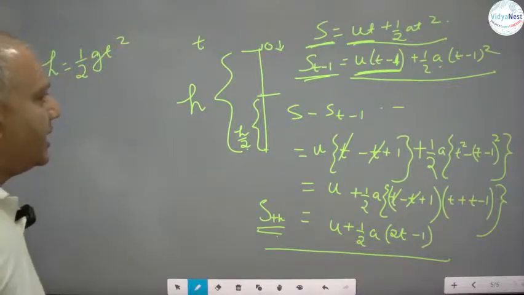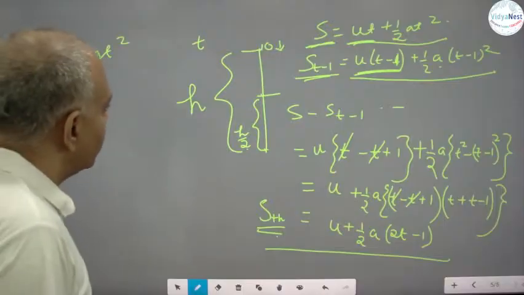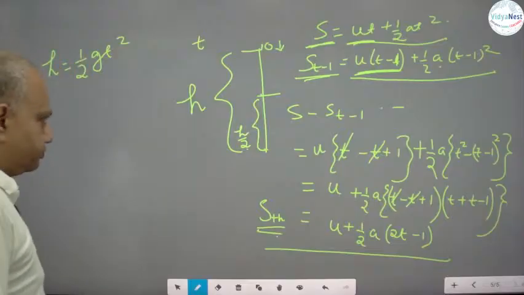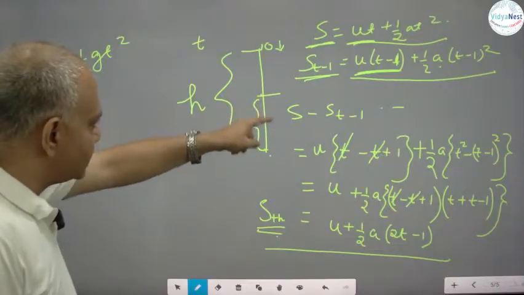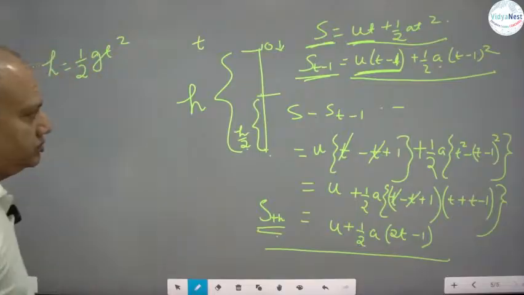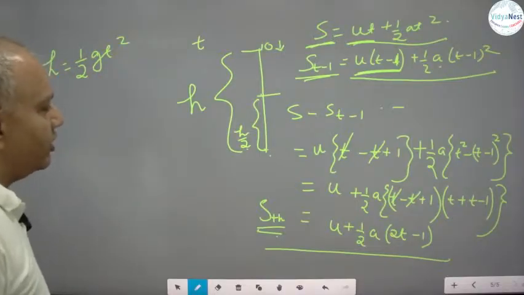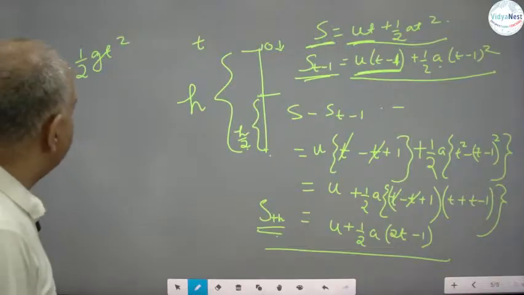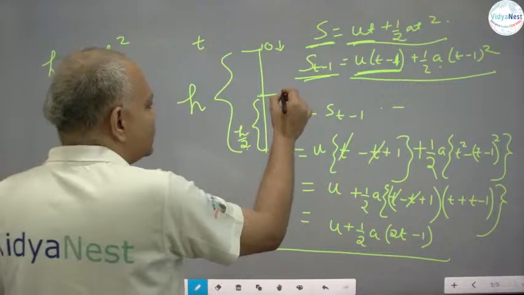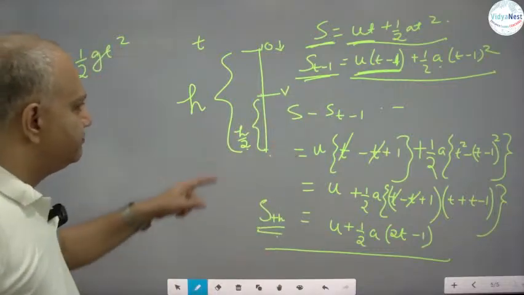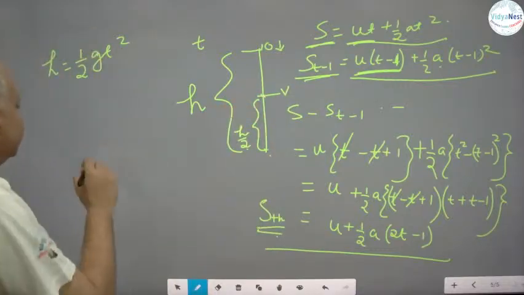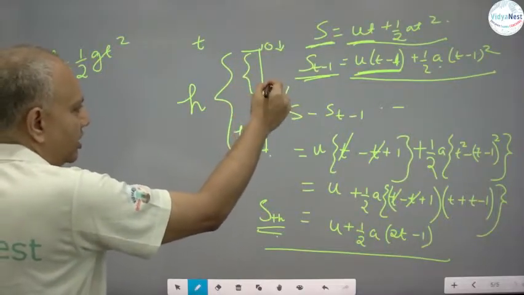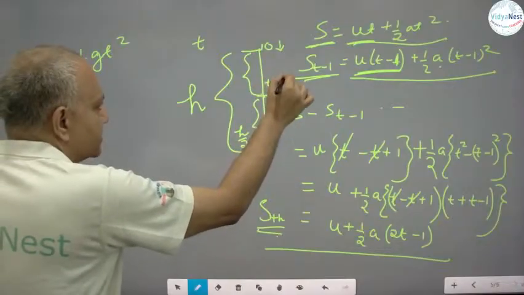Okay. And now here we can observe that in the last part of its motion, the velocity it is achieving at this position, if the velocity is v, because within this period the time is t minus 1, isn't it?